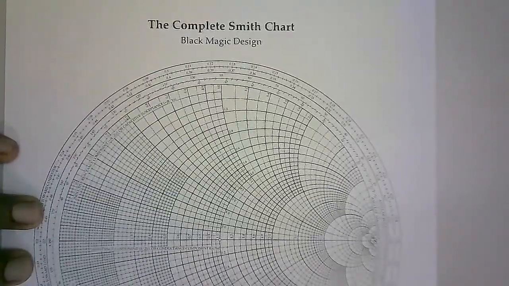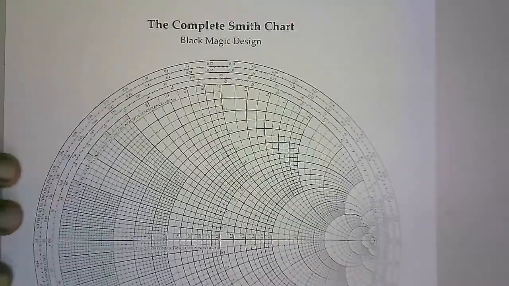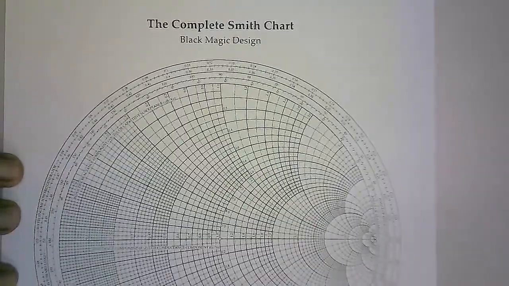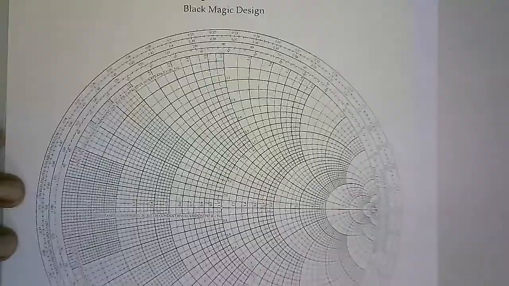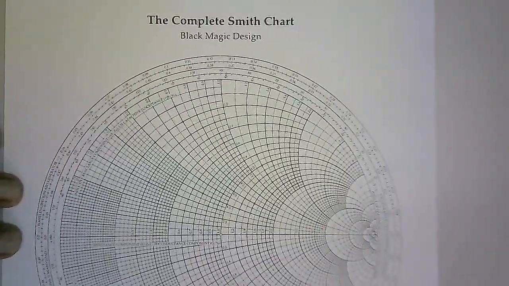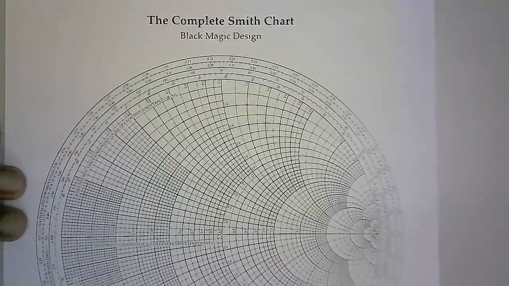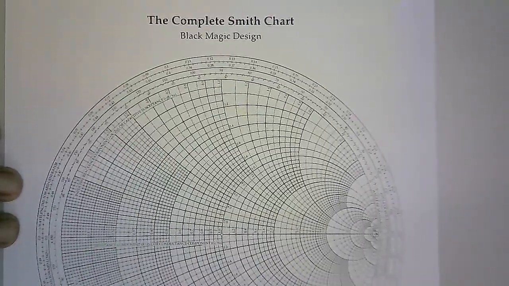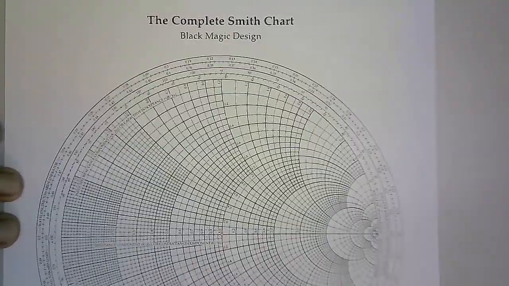What are the operations and what can we find? What are the capabilities of the Smith chart and so on and so forth. These things we will learn in this tutorial. Later on, I will post some problems, and you need to solve them based on whatever we have learned today.